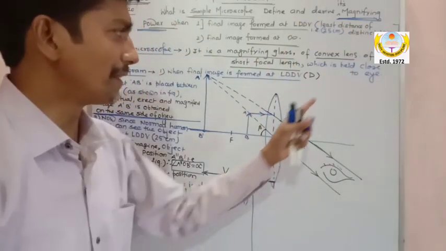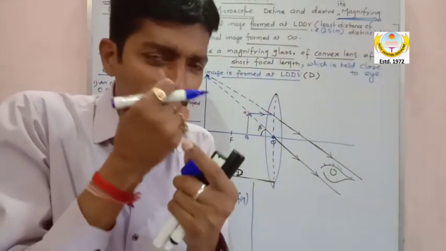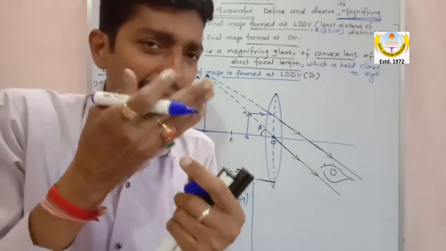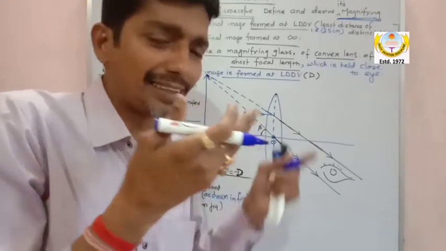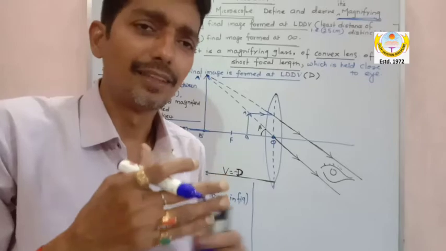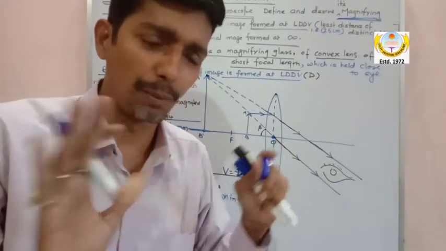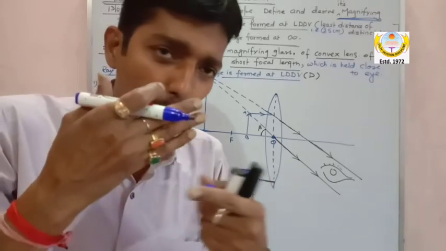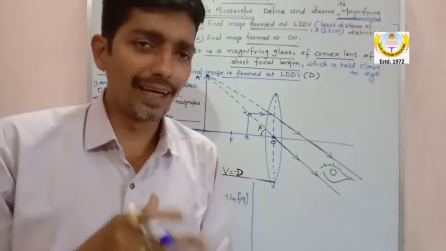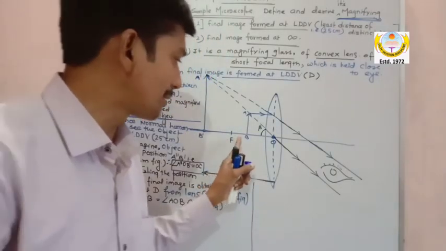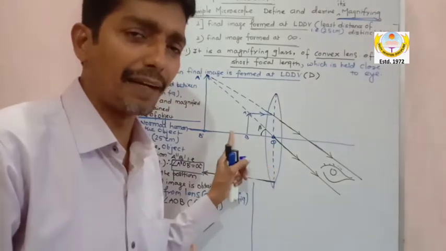So if it is held close to the eye, you can imagine that if this lens is kept very close to the eye, no doubt the angle formed at the lens will be the angle formed at the eye. No problem. Even the object, here in my diagram, is placed between optical center and focus.